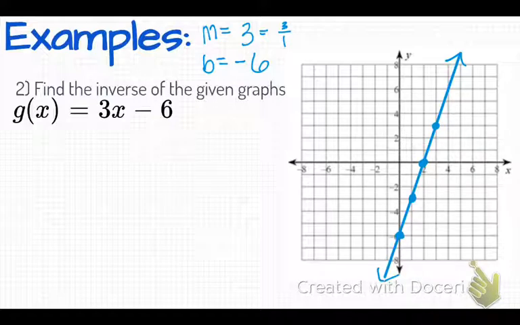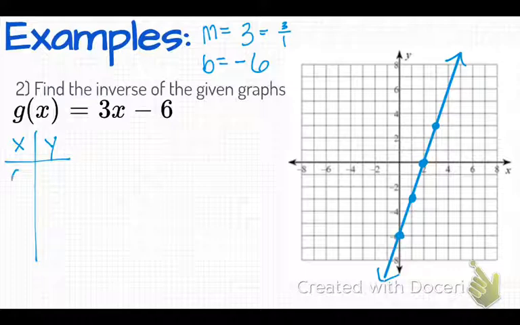Okay. Now I want to make a table and fill in those points that we just wrote. Can I get a volunteer, please? Tell me, what is the first point? Someone I haven't heard from today, please raise your hand. Yes, Alexis, what is the first one? 0, negative 6.